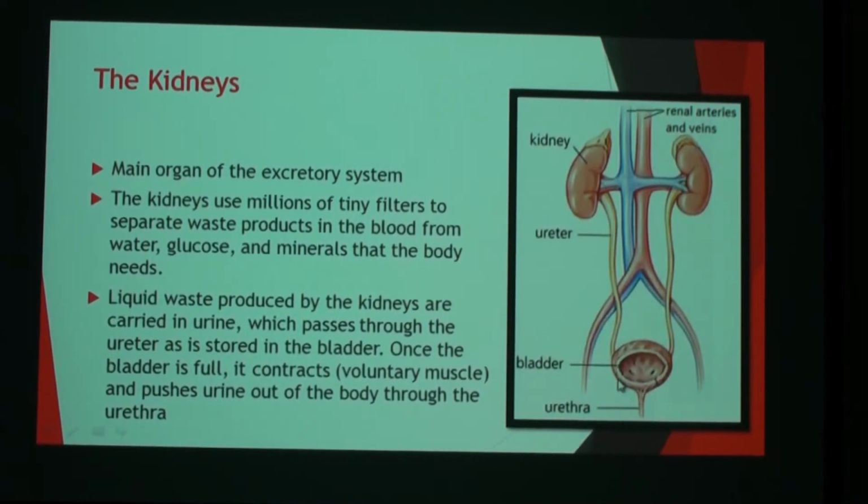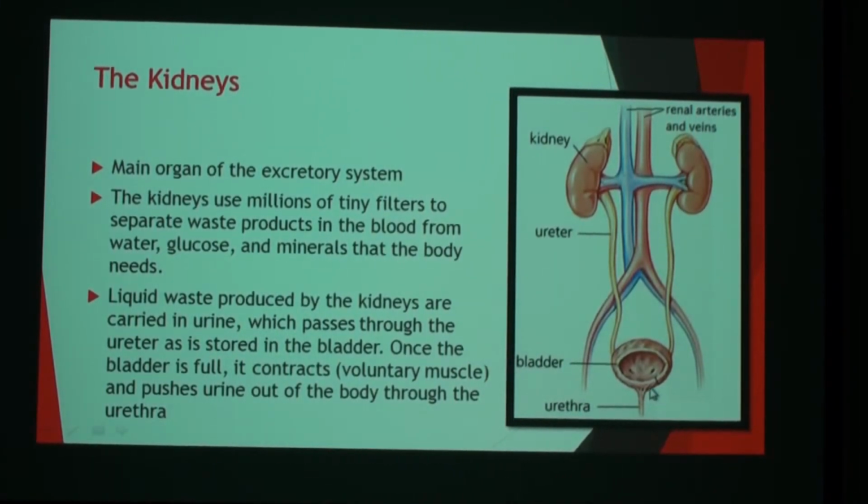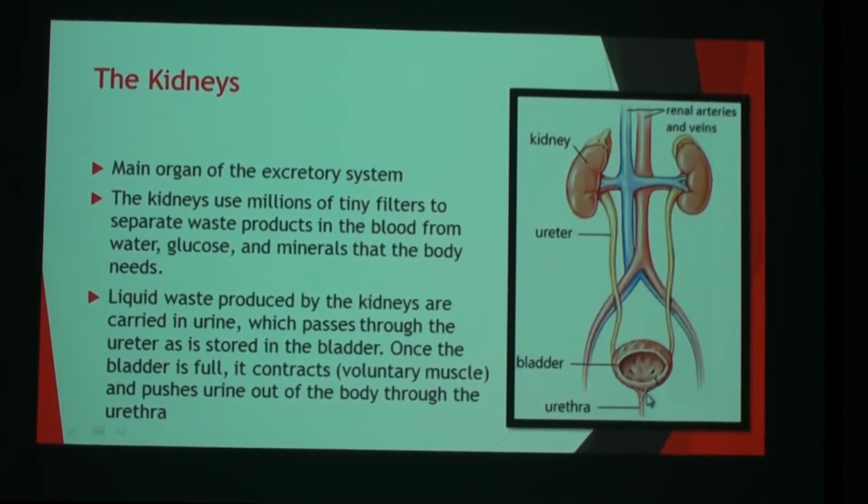Once the bladder is full, it sends a message to the brain, and so now we know, oh, I need to go to the restroom. Once in the restroom, since it's a voluntary muscle, we allow it to contract, and then that's how the urine leaves our body.